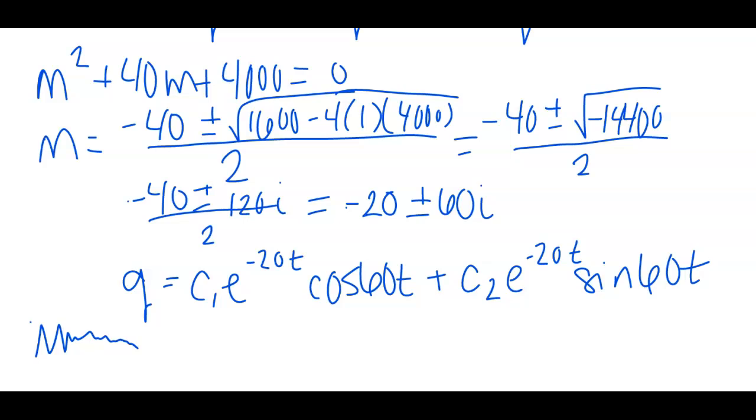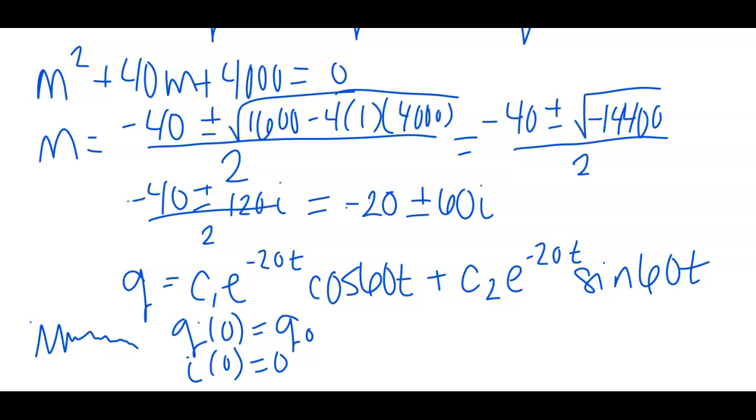All right, let's look at our initial conditions on here. So it told us at the beginning that Q of 0 was Q naught and I of 0 was 0.